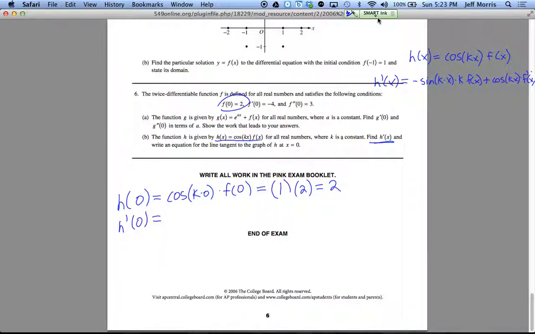The only thing you might want to do is put the k out front, negative k sine kx. Do you have to do that? No, you do not have to. They're not going to get too bent out of shape if you don't. And the reason you're not going to worry too much about the k is because when I throw some zeros in here in a second, the k is going to take care of itself.